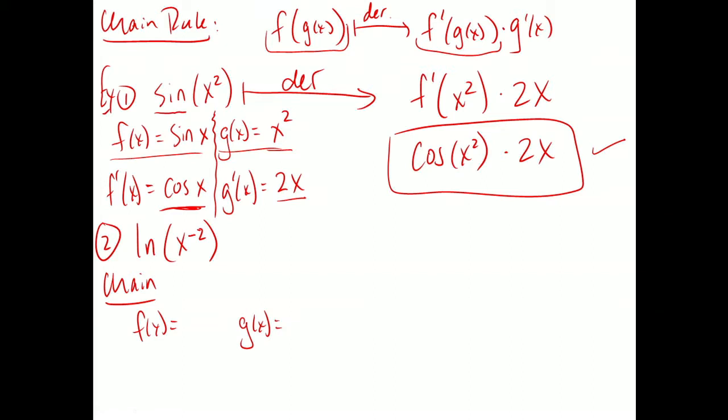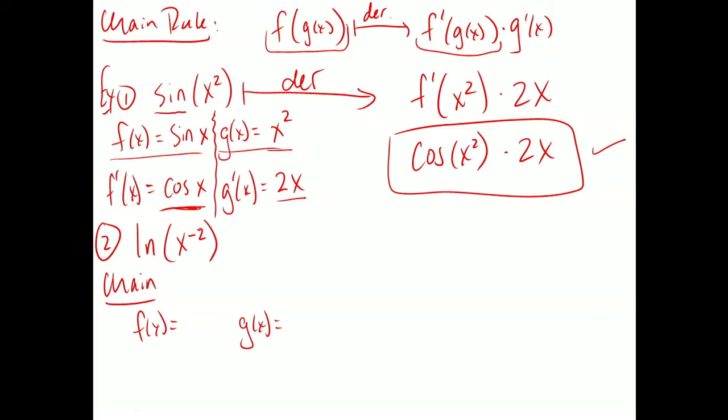The first thing I do is g, and then the next thing I do is plug it into the f of x function. So in this case, what do I have? Well, I've got x to the negative 2 power. That's something. And then I'm going to plug it in, and then I'm going to do the ln of that, the natural log of that. So kind of similar to the first one.